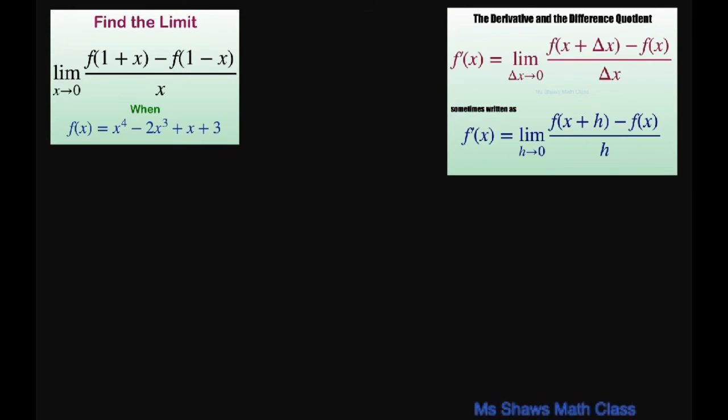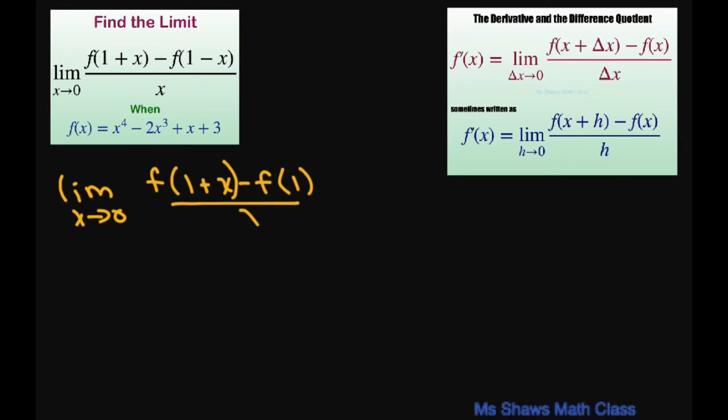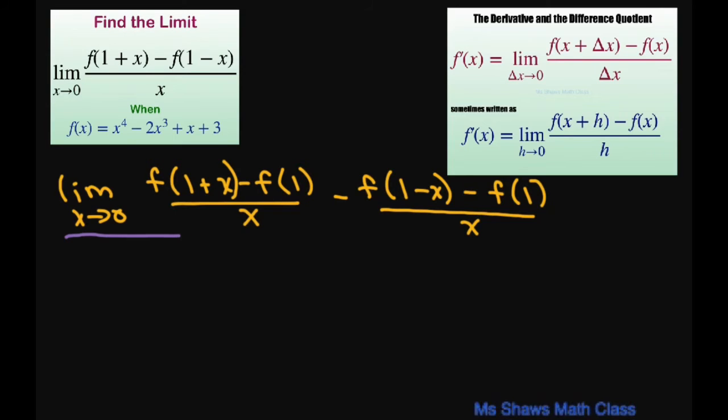If I put it all together, I'm going to get the limit as x approaches 0 of f of 1 plus x minus f of 1, forgot the parentheses, divided by x minus, and I'm still splitting it up a little bit, f of 1 minus x minus f of 1 divided by x. Now, this is your derivative right here. Do you see how our x's match?